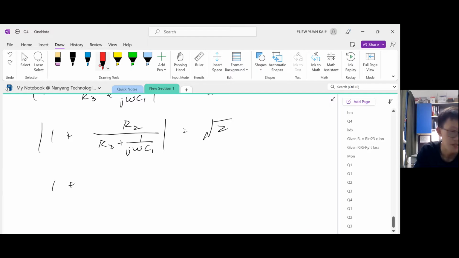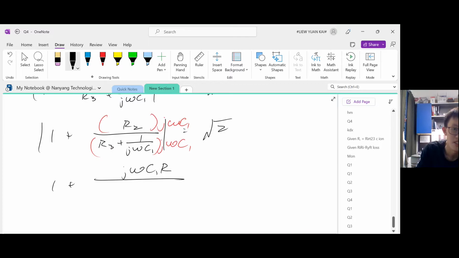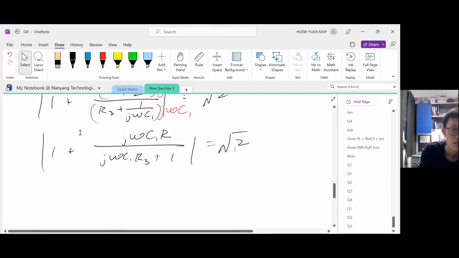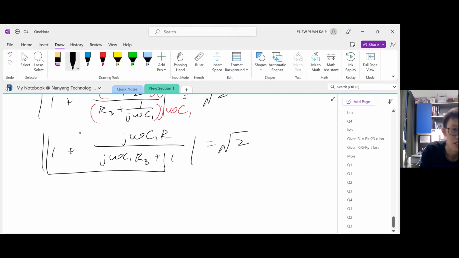So what I'm trying to do is get rid of this. To get rid of this, I multiply j omega C here and j omega C to this top. It's not something I would usually do, but the circumstances call for it. Now what I'm going to do is express this as a single fraction.